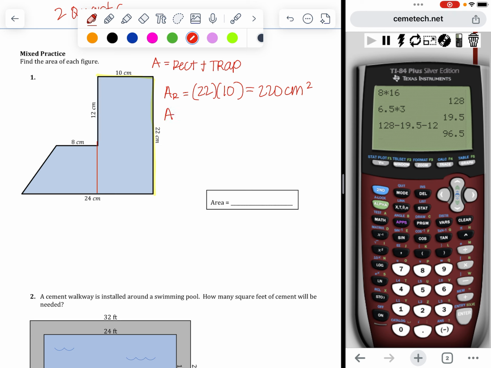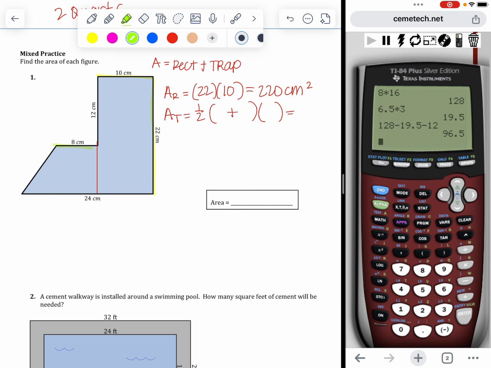Now I need the area of the trapezoid, which formula for area of a trapezoid is 1/2 the two bases added up times the height. Now, if I'm missing any of this information and I can't find it, then I'll switch to drawing the line this way. Or if you look, I can break rectangle, rectangle, trapezoid, but that's more work, so I don't want to do that. Okay. All right, so for this trapezoid here, I need my two parallel bases.